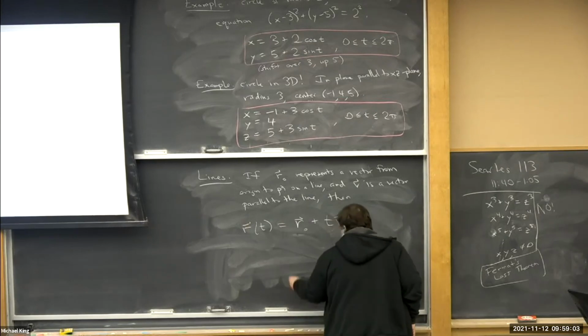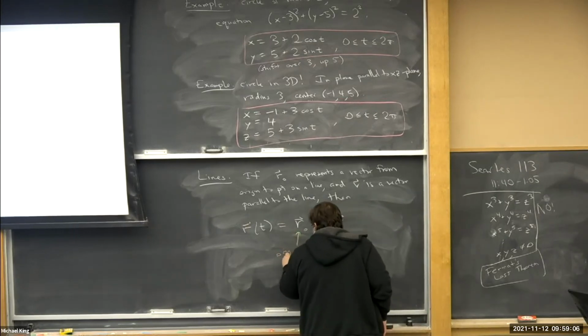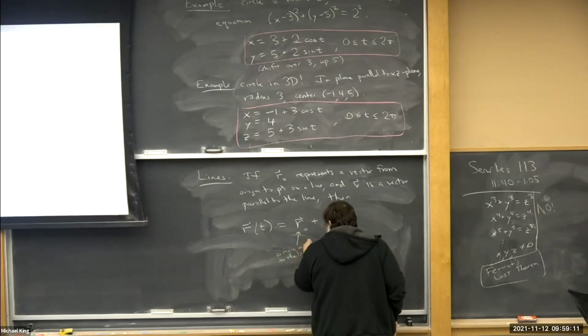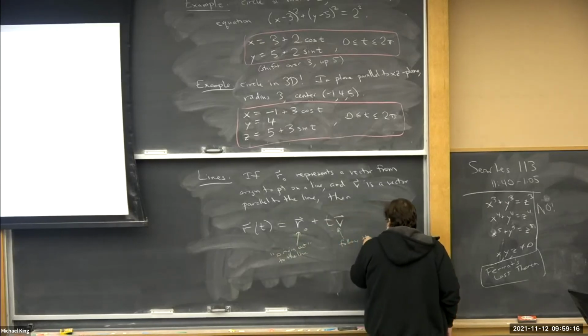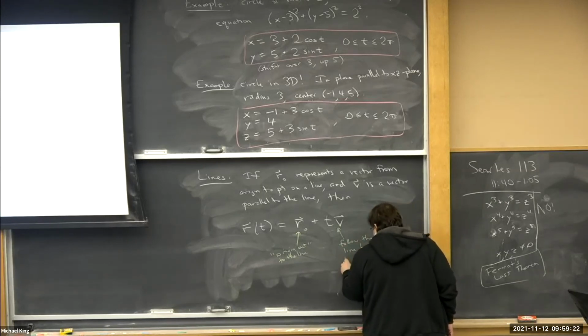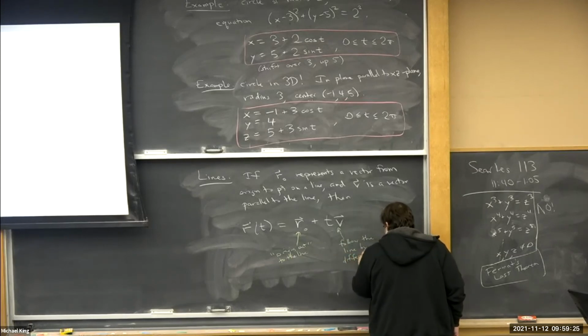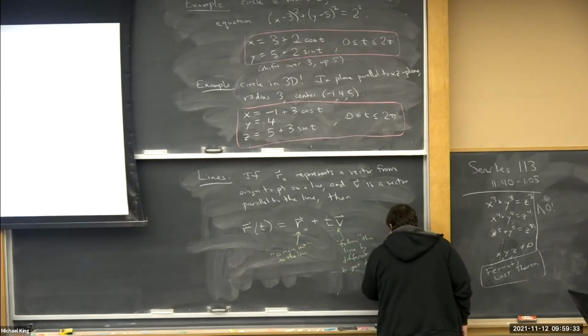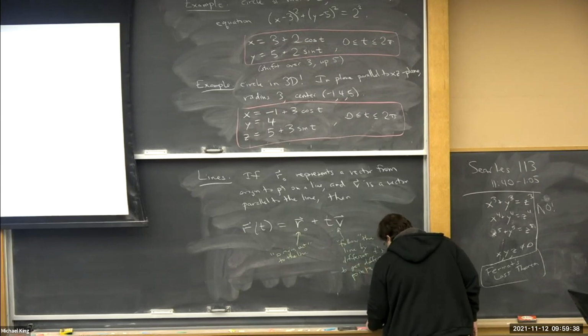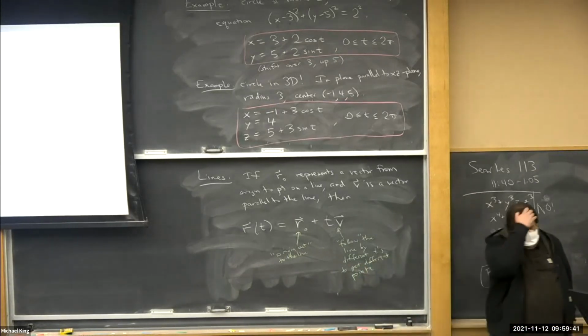So this is like origin out to the line, and this is like follow the line by different amounts t to get different points. And so that's this abstract way of thinking about it. We can see this is going to give us equations that make sense, and we'll get more into that on Monday.